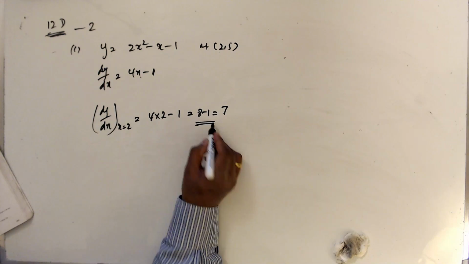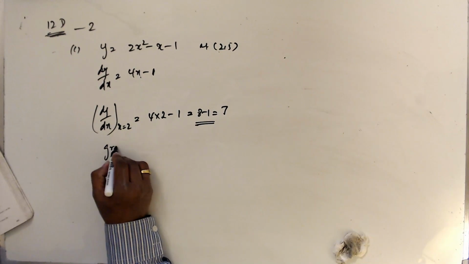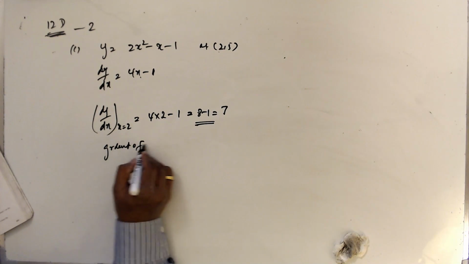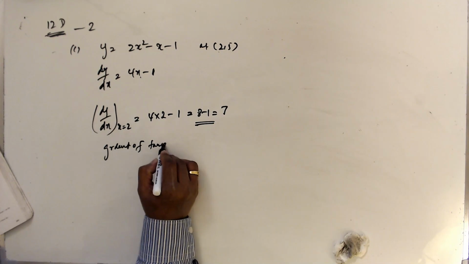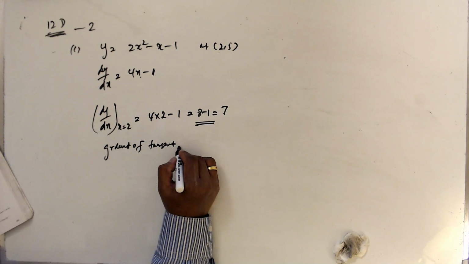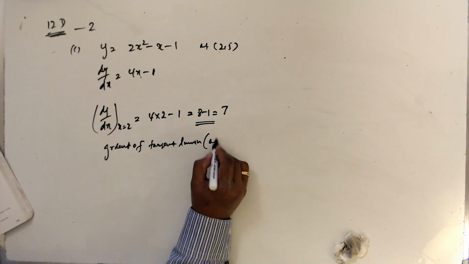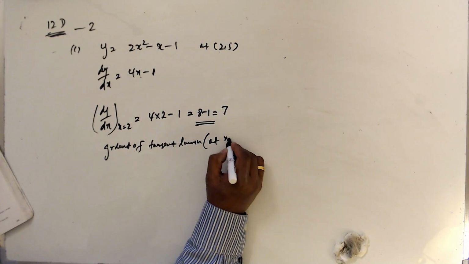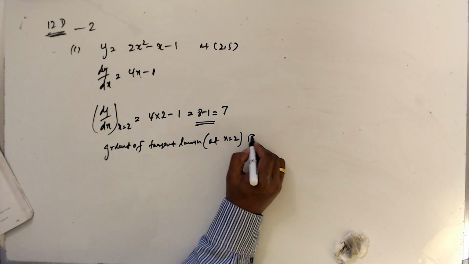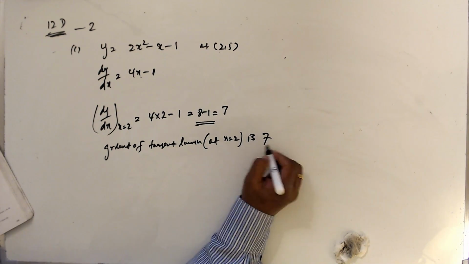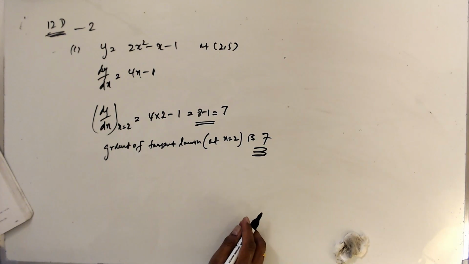So the gradient of the tangent line at x equals 2 is 7.